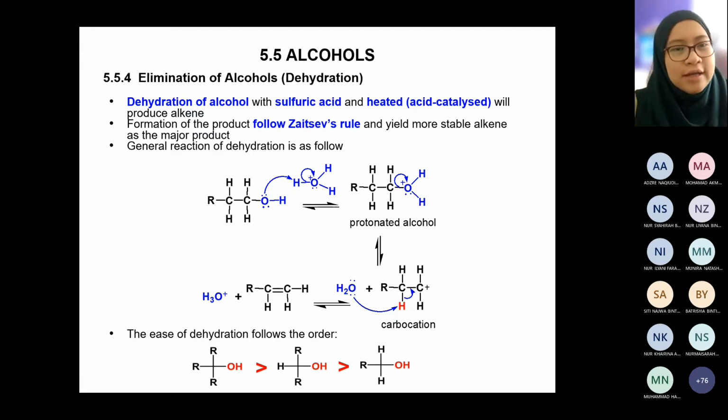Did you notice? It is more or less like alkyl halides. It has substitution and also elimination. For alcohol, elimination is known as dehydration. That means removing water from the molecule. When it removes water from the molecule, it will form alkenes.